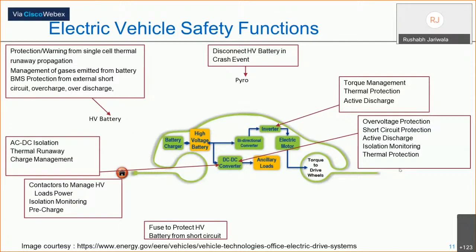So active discharge is the one which, for all of these components which are drawing the power from the HV battery, they have a bulk capacitor to smoothen out the voltage once it comes inside for consumption. And this bulk capacitor has enough energy to even give an electric shock to any person.